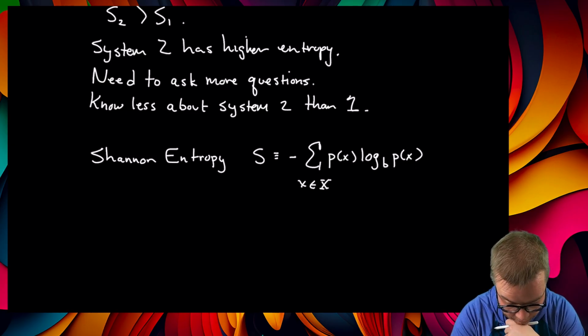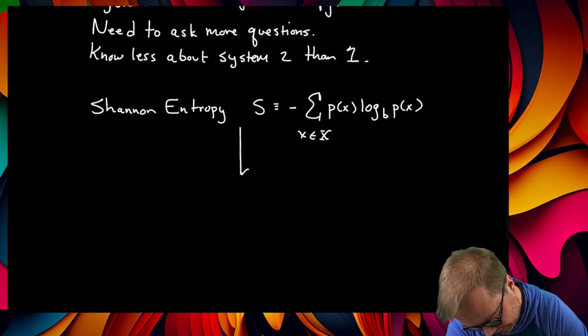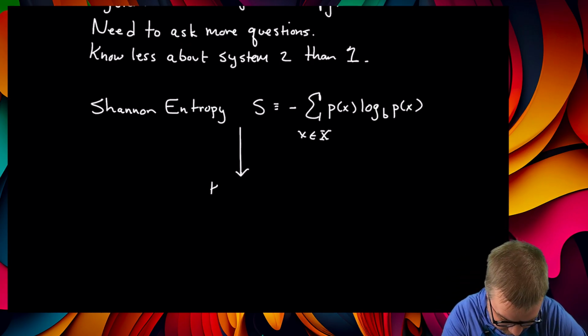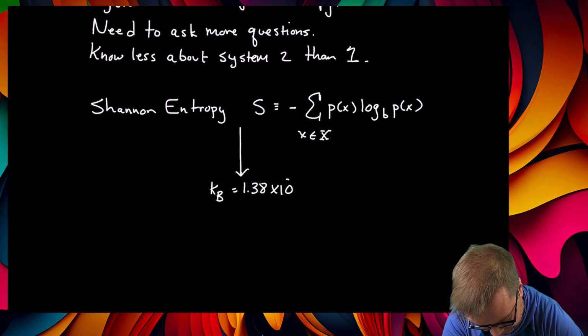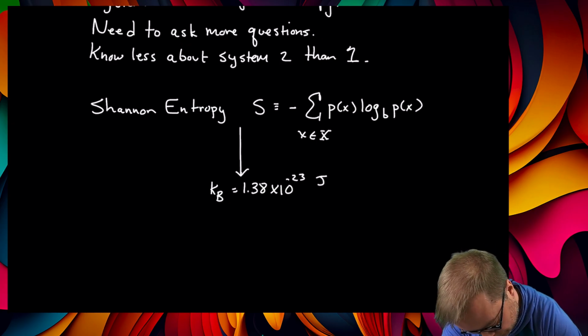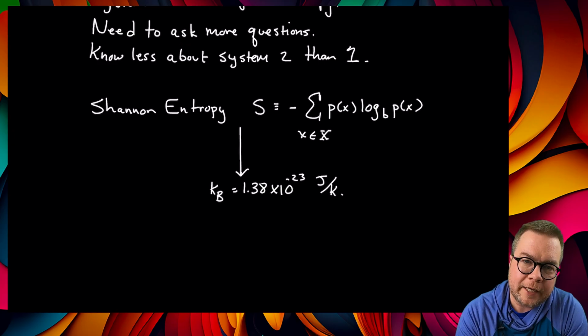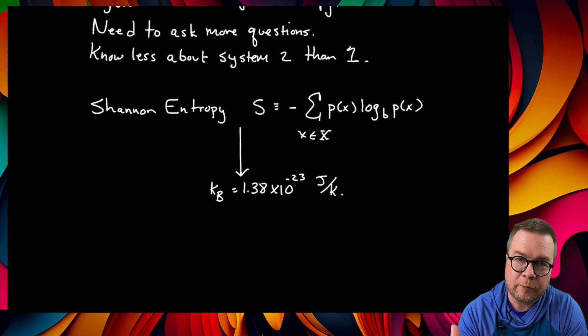All right. We could get a little bit more specific in this case, and we could introduce a conversion factor that we call KB, and that's 1.38 times 10 to the minus 23 joules per Kelvin. All this is a proportionality constant, right? It's telling us something about, for every Kelvin, how many joules of energy are associated with it.